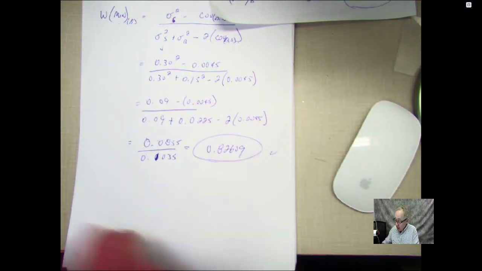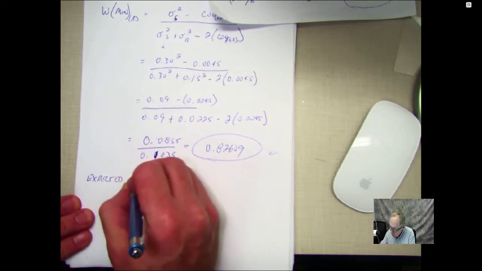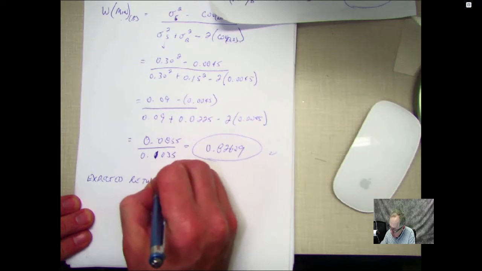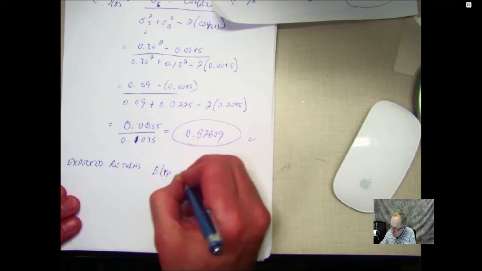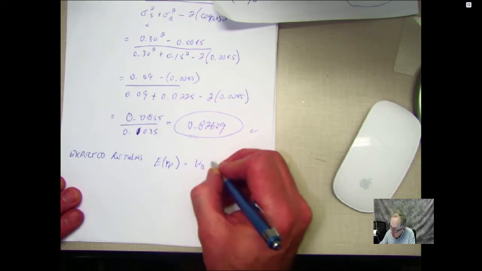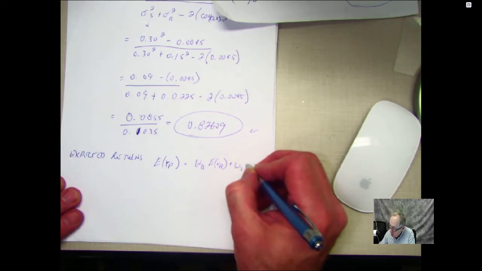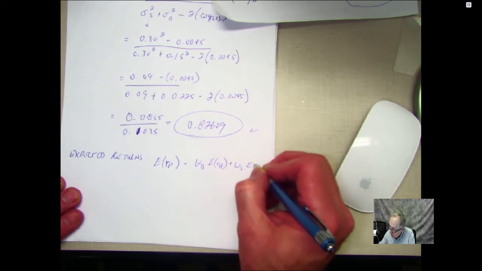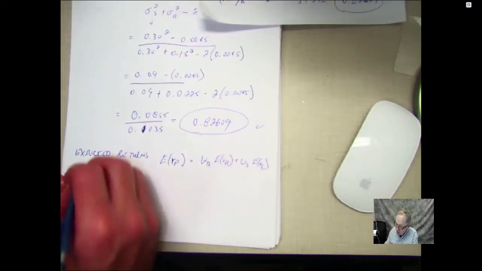Now, next, expected returns. Very simple. So expected return on the portfolio is weight of bonds times expected return on bonds plus weight on stocks times expected return on stocks. So now we can use our weights.